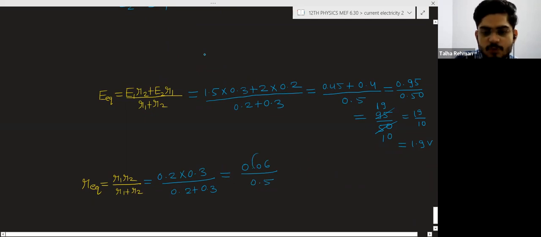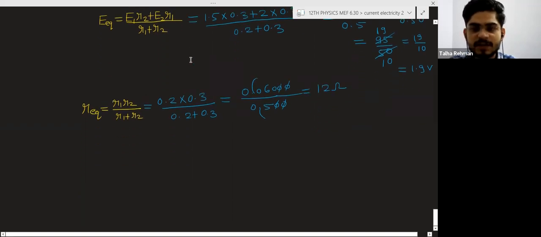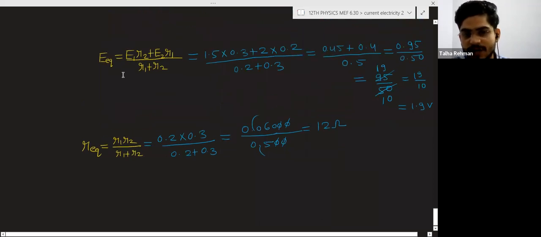When you remove this point, you will get 20 here. When you remove this, you will get 30 here. So accordingly, you will get your answer. 20 is cancelled like this. So you have 60 divided by 5, that is 12 ohm. So the equivalent internal resistance is 12 ohm, and the equivalent EMF is 1.9 volt.